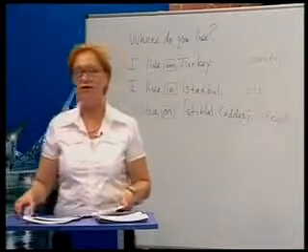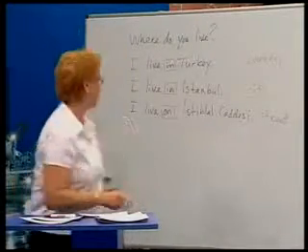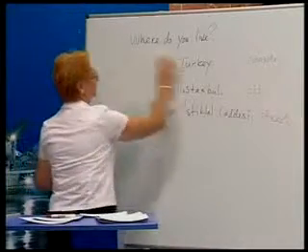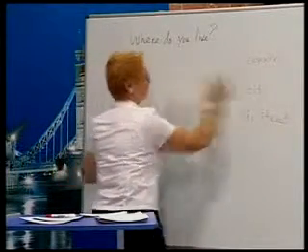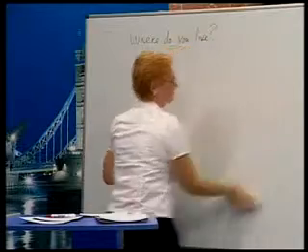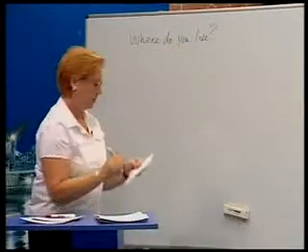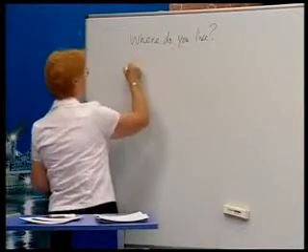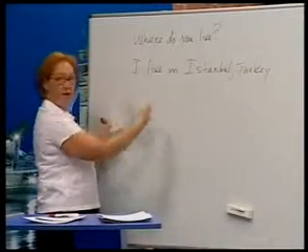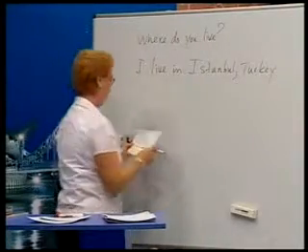Now, of course, you can make the sentences shorter. Look at this. Now, you can say, where do you live? I live in Istanbul, Turkey. I live in Istanbul, Turkey.